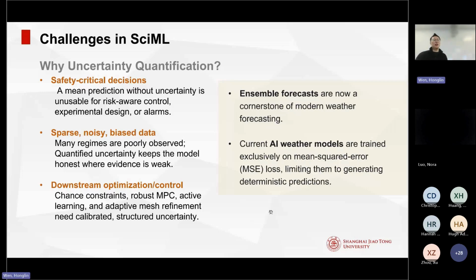And for noisy data, we cannot learn the function perfectly. And downstream optimization or control requires the uncertainty. And for important applications like the weather I mentioned, even the physical models always issue the ensemble forecast.